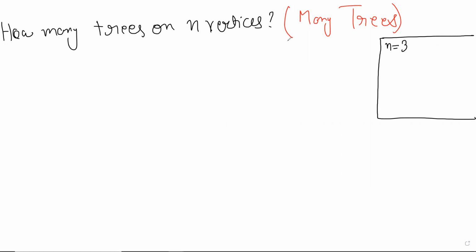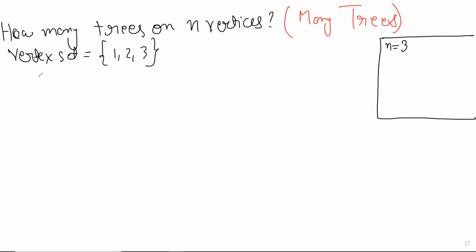n equal to 3 means my vertex set is 1, 2, 3. So what are the trees that we can draw on 3 vertices? Or rather, I should say the vertices 1, 2, and 3. What is the first tree?